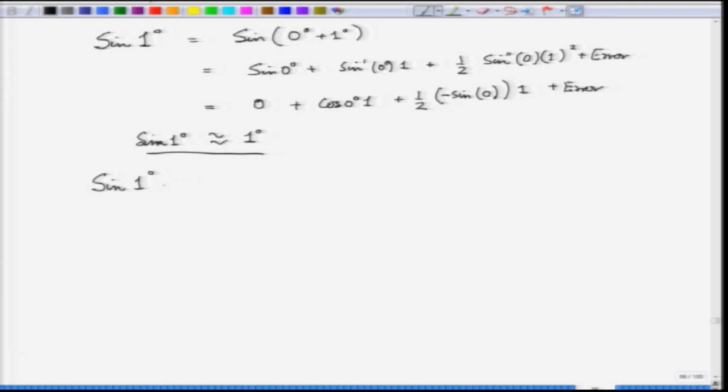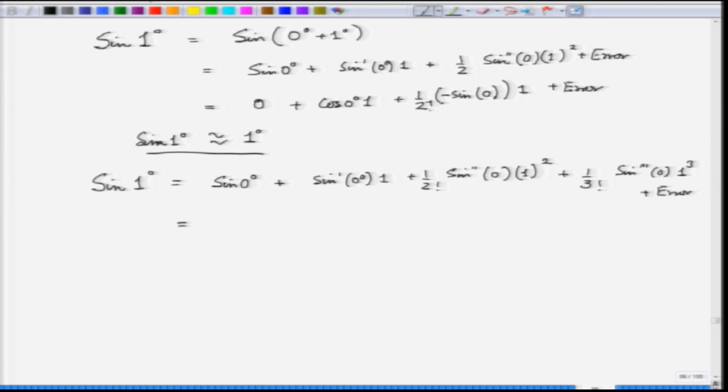So, sine 1 degree, if I again write in the form of Taylor's theorem, is sine of 0 degree, I am just playing along, do not worry, plus sine dash of 0 degree into 1 plus half, 1 by 2 factorial actually, if you go by Taylor's theorem, sine double dash 0 into 1 whole square plus 1 by 3 factorial sine triple dash 0 into 1 cube plus error.